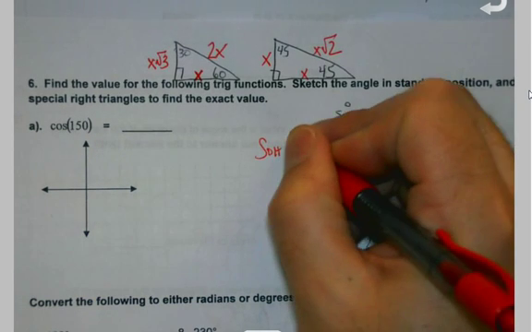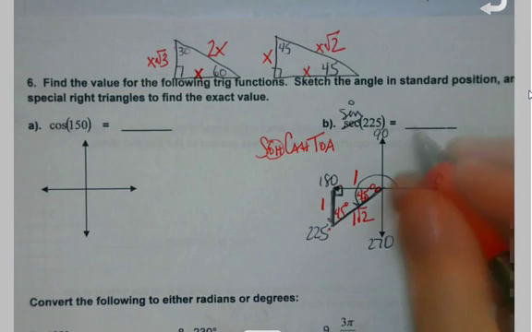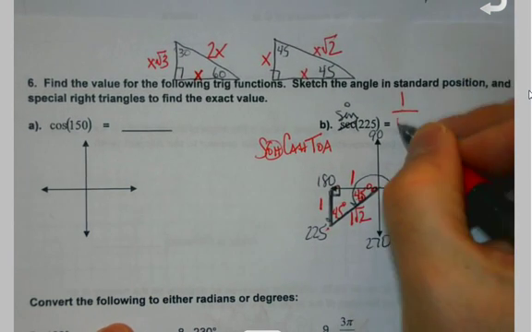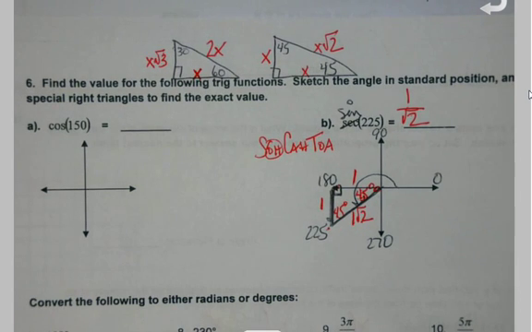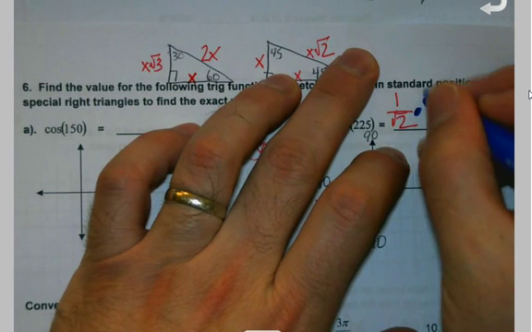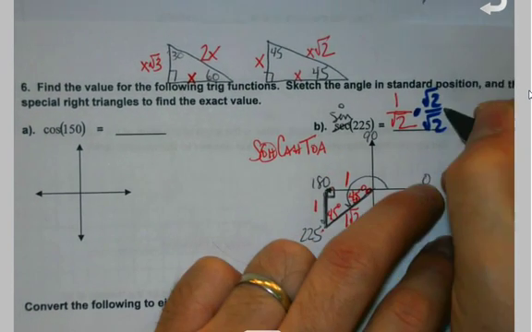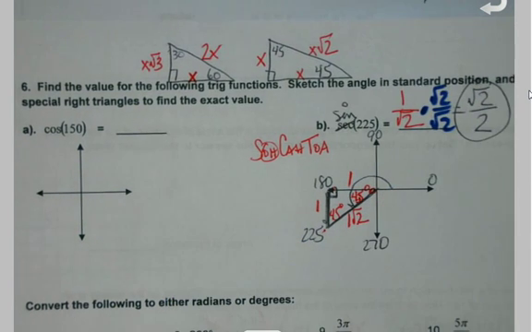Opposite over hypotenuse. Uh-oh. What's my one issue here? Yeah, we can't have that radical in the denominator. We've got to fix that. That won't take long, though. So we do square root of 2 over square root of 2. And now we're in business.